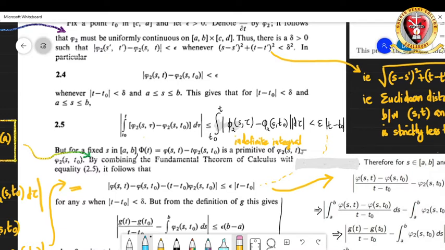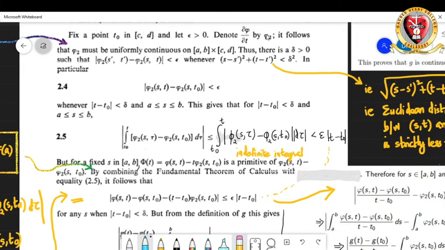In order to keep it in memory, this phi 2 of s t minus phi 2 of s t naught is nothing but what is inside this integral, the term we were using before. Just integrate it as an indefinite integral with respect to t. Take this term, and you know that this phi 2 is nothing but dou phi by dou t, right?